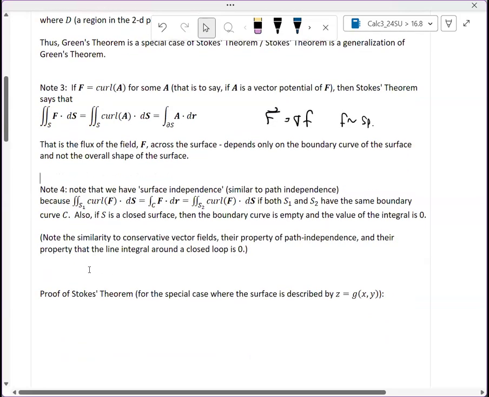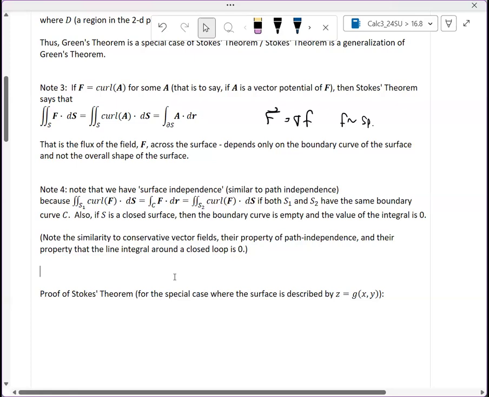And related to that idea, even if F does not have a vector potential, note that we still have the idea of surface independence for this integral: the integral over, say, surface S1 of curl F dot dS equals the integral over its boundary curve of F dot dr. And if I have any other surface with the same boundary curve, assuming the same orientation and all of those good things, then a second application of Stokes would show that this equals the surface integral over that second surface.